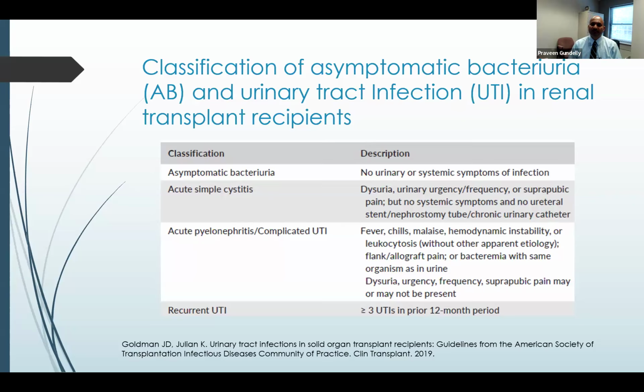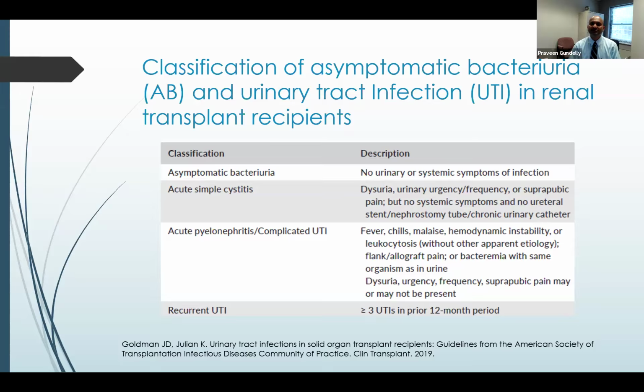So, what is asymptomatic bacteriuria? Asymptomatic bacteriuria means sometimes urine culture is performed for other reasons. Let's say nephrologists perform urine analysis to check for protein and the cells because they are concerned about like rejection or other causes.